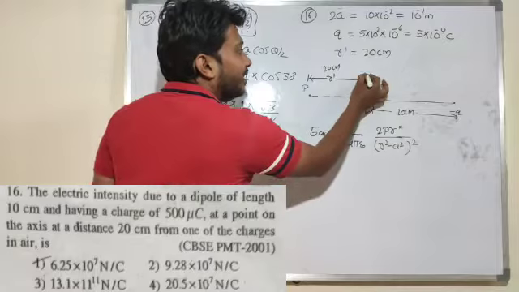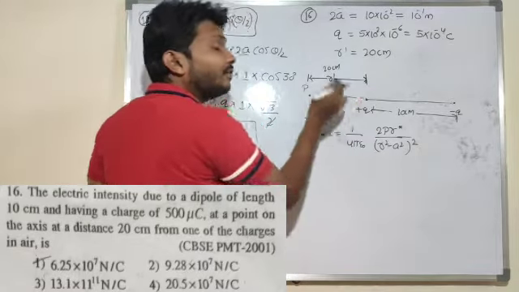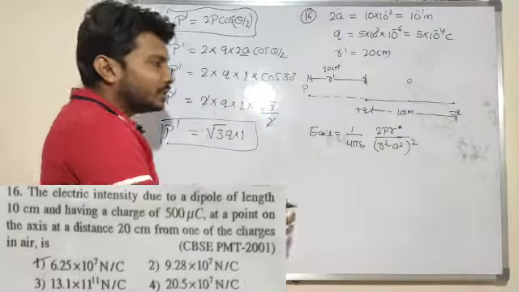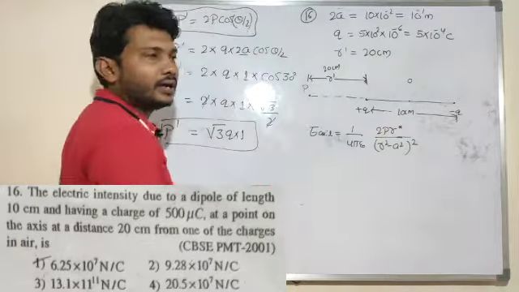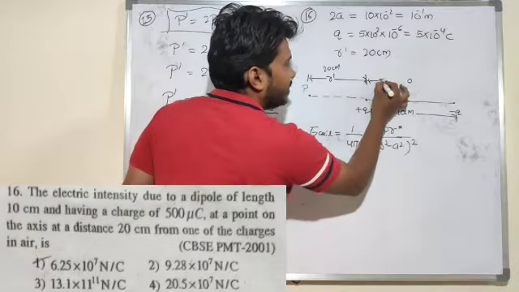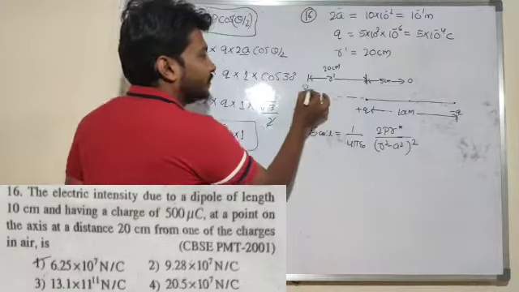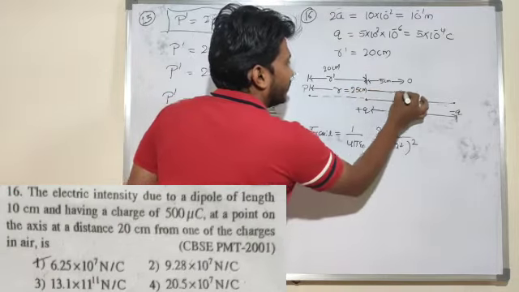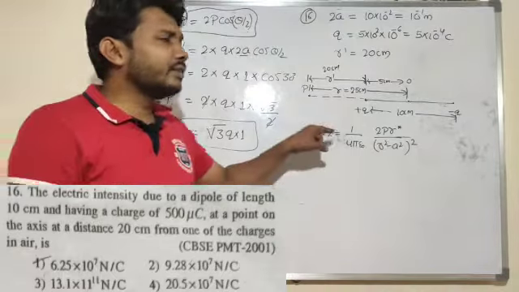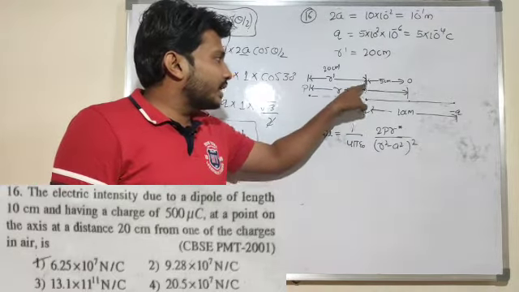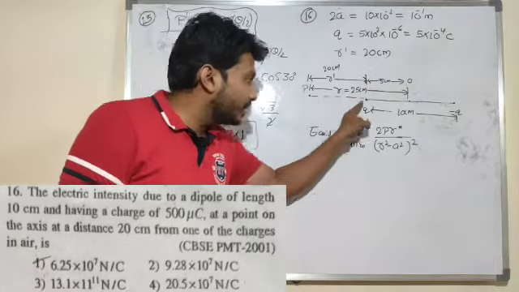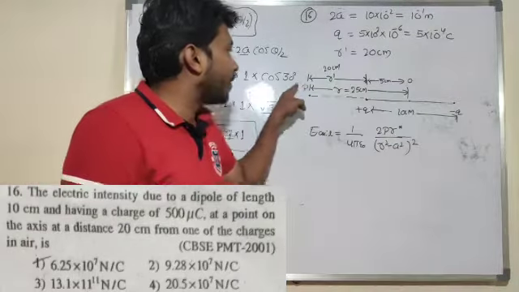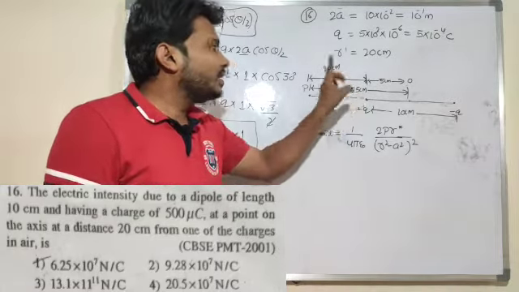But in the question they mention a distance of 20 centimeter from one of the charges. So what is the distance from the center of the dipole to the point of observation? The total dipole length is 10 centimeter, so this distance is 5 centimeter. Then r is 20 centimeter plus 5 centimeter, that is 25 centimeter. The question gives the distance from the plus q charge, but in the formula r is the distance from the center of the dipole to the point of observation, so r value is 25 centimeter.